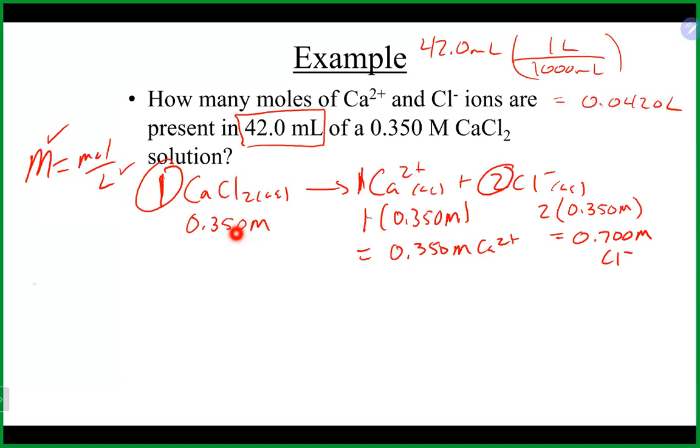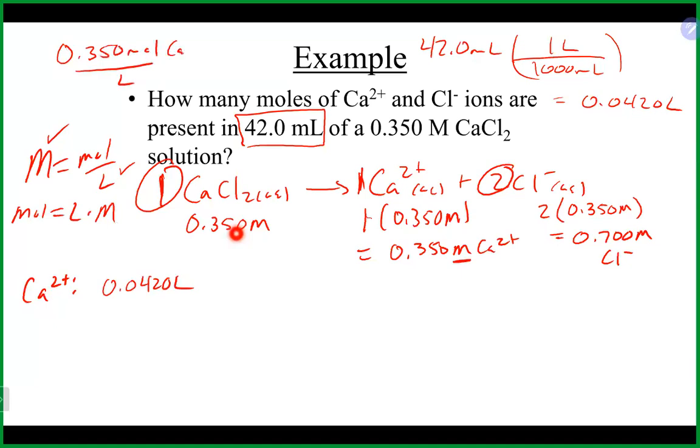Now if I take my calcium, I'm going to take my volume, which is 0.0420 liters. If I solve for moles, it is liters times molarity. I'm going to get rid of the big M here and use it like we talked about, as 0.35 moles per liter of calcium.